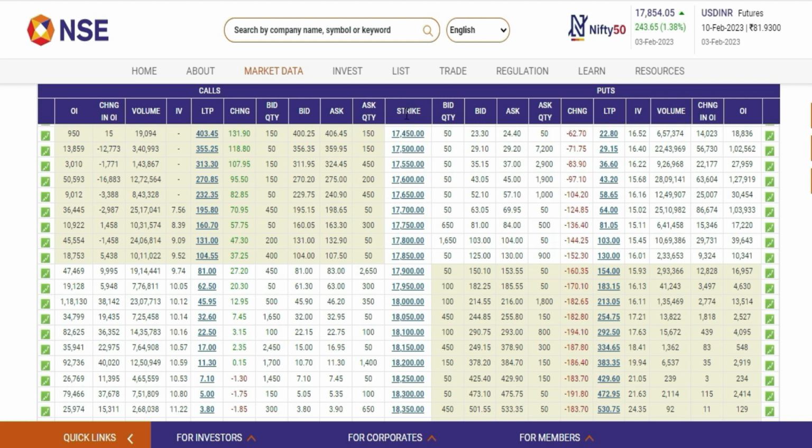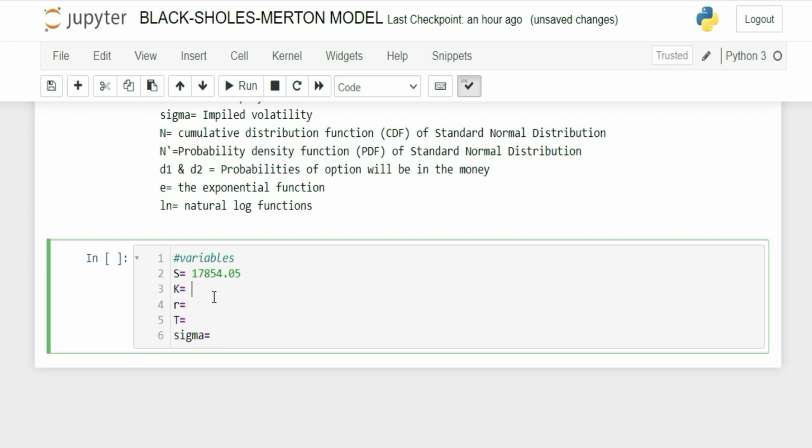Here you can see there are a lot of strike prices. The 17,850 is the ATM, at the money option, and here all the in the money options, and this is the out of the money options. So this is basically a typical option chain, and let's take an example, 17,750. So 17,750 is the strike price for us.